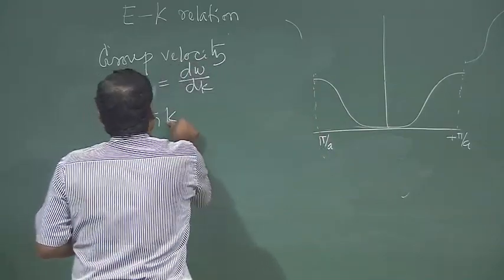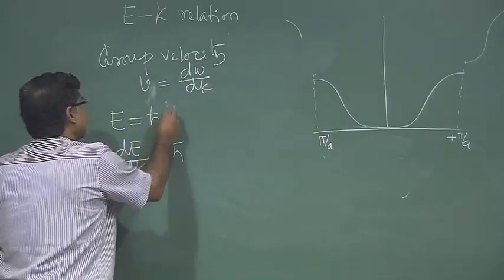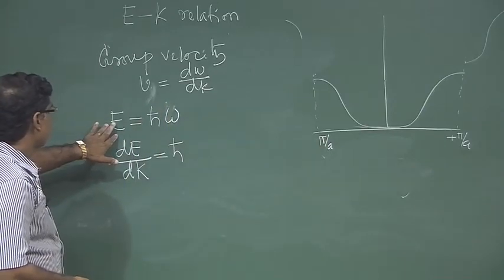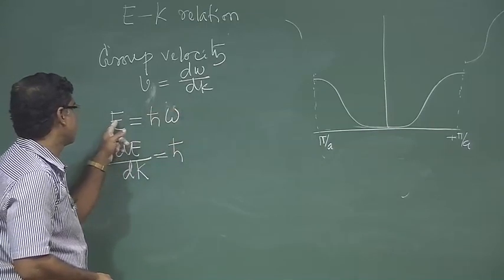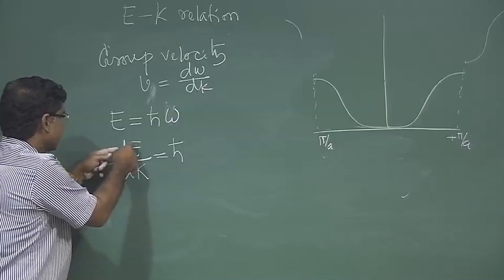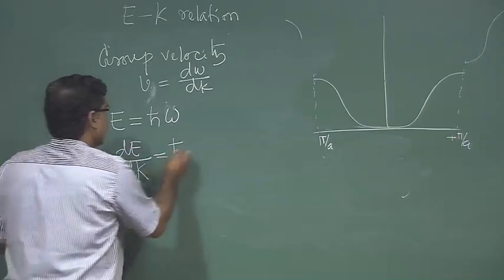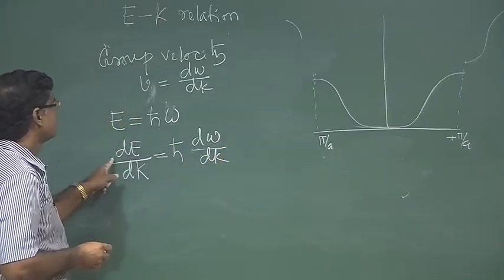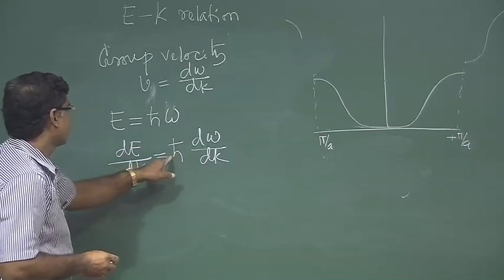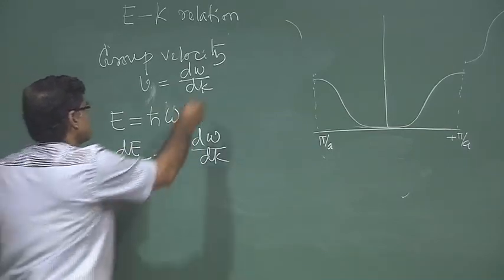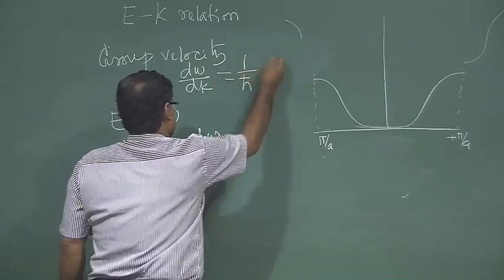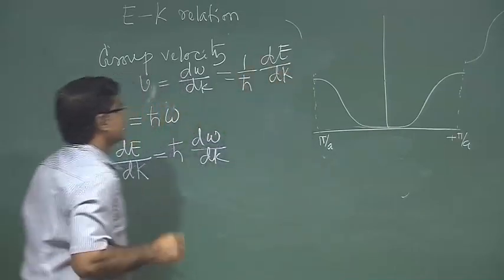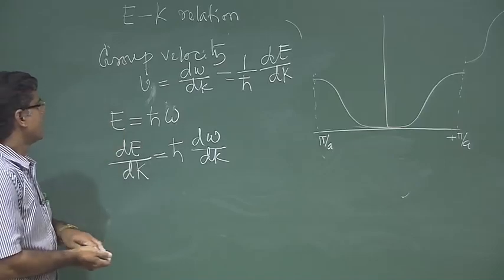Omega is a function of k and E is a function of k, so I can differentiate: dE by dk equals h cross d omega by dk. So d omega by dk equals 1 by h cross dE by dk. This is the group velocity.